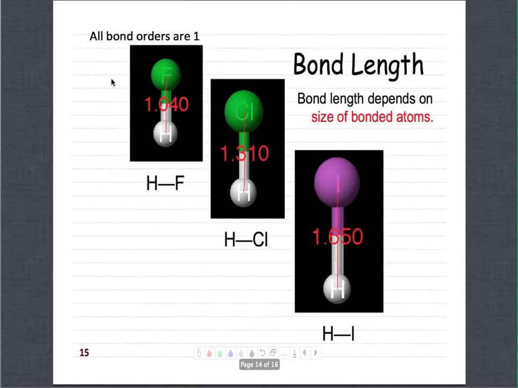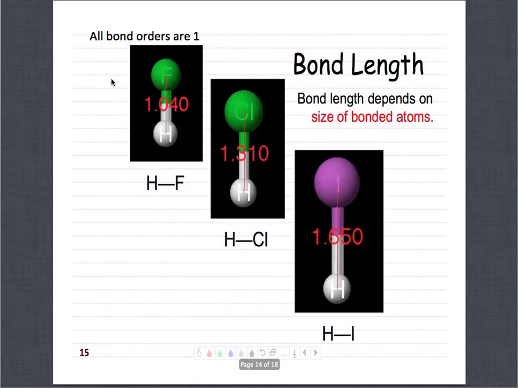In the slide before, the atoms were the same, carbon and oxygen. In this case, one of the atoms is changing. This is HF, HCl, HI, but the bond order is the same.